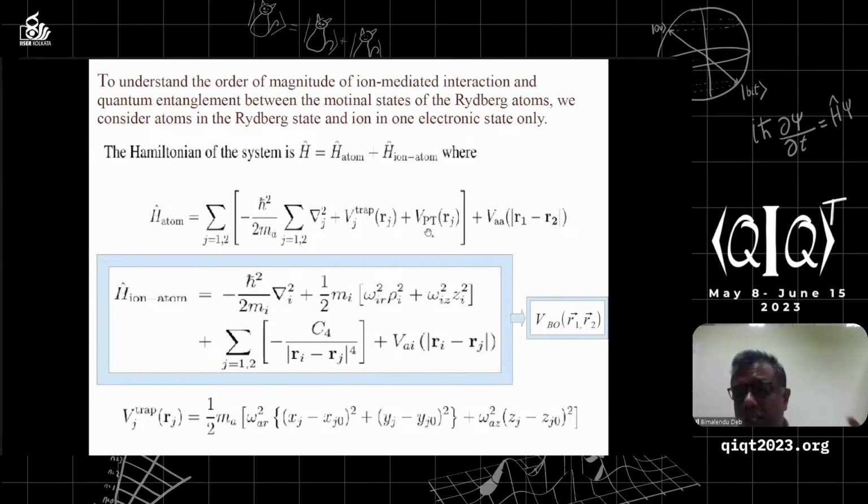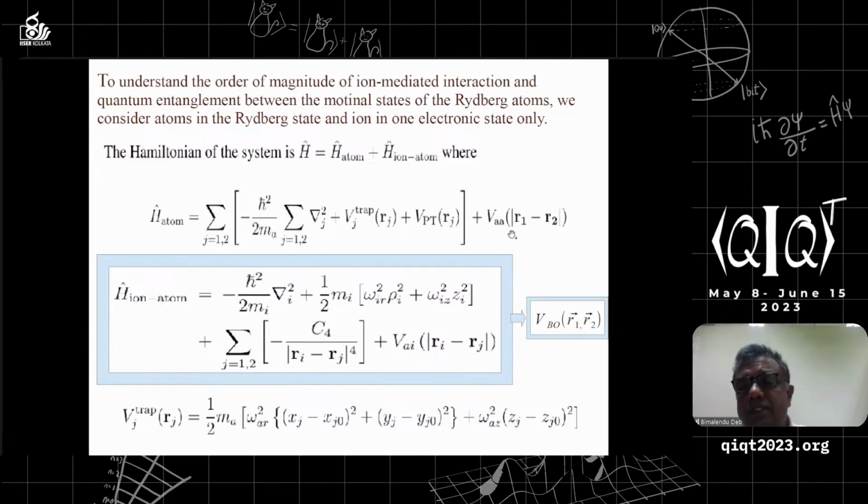The Paul trap has electrodes which generate electric fields. When you place Rydberg atoms in an electric field, the Rydberg state will experience a Stark shift, because Rydberg states are very sensitive to any small electric field. So we need to consider this trap-induced Stark shift. This will generate a one-body potential also.